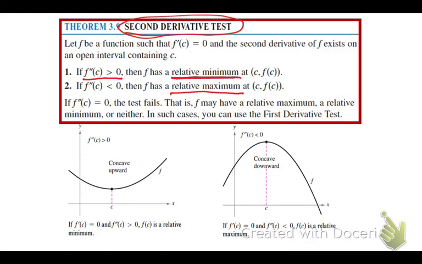It's opposite. If the second derivative is less than 0, then it's a relative max. If the second derivative equals 0, the test fails, and you cannot tell. You have to go back to the first derivative with the increasing, decreasing. You have no second backup.